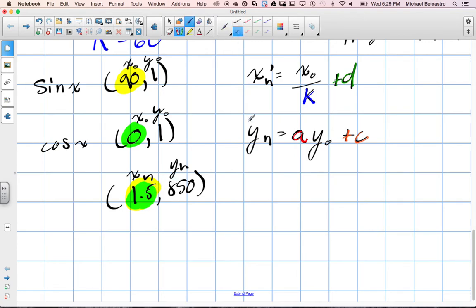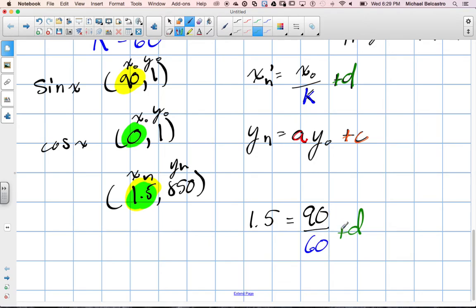So we'll solve for sine first. Our new x value is 1.5. So we plug that in for x subscript n, the x new, is equal to the x old, which was 90, divided by our k value, which we just figured out was 60, plus d. We need our k value in order to do this, and this will allow us to isolate for d.